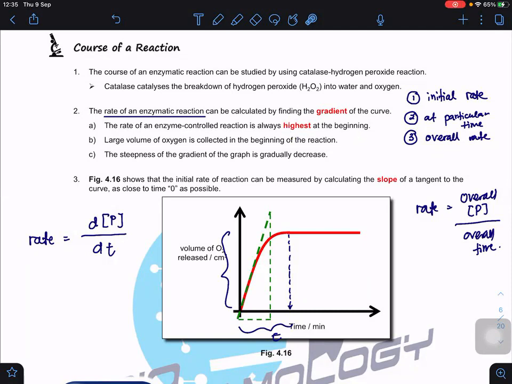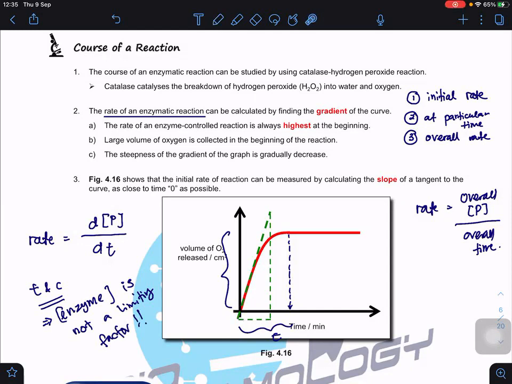But provided that, this is the term and condition. What is the term and condition? You must make sure that enzyme concentration is not a limiting factor. It means that in this case, guys, I have more enzyme that can catalyze my reaction.